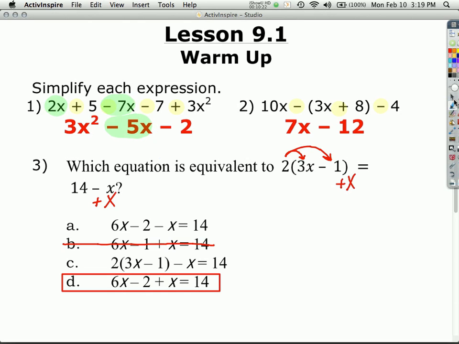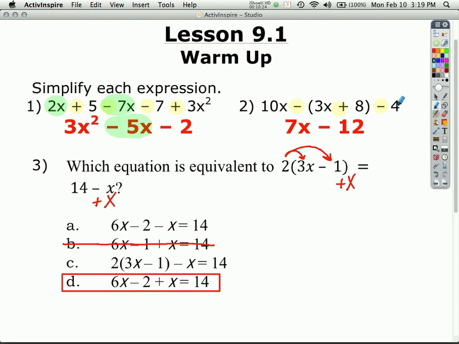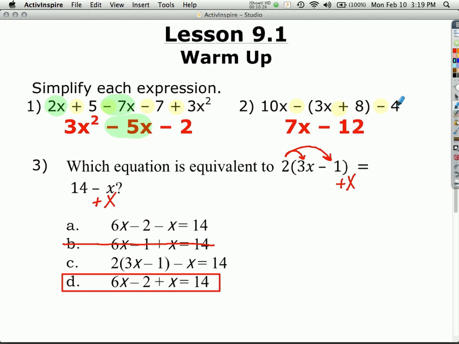Give me another pair of like terms. Another pair of like terms. Come on. 5, negative 7, negative 2. For my students who try to then add things together, you're not allowed to. These are not like terms, so you cannot go any further. Anyone have any questions about that?